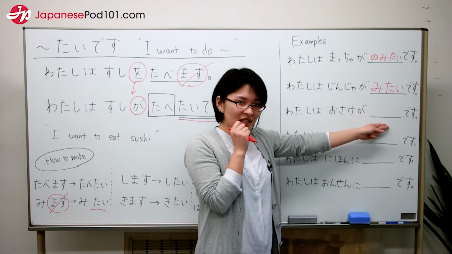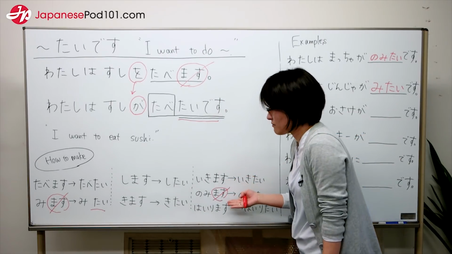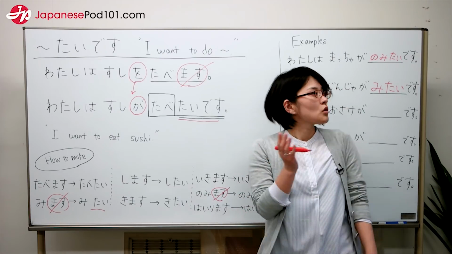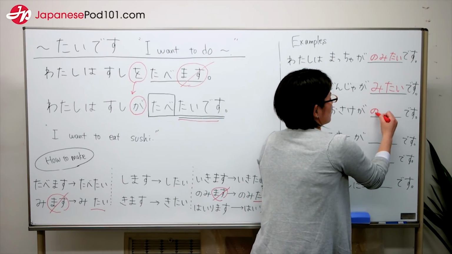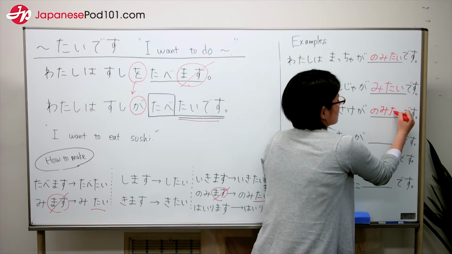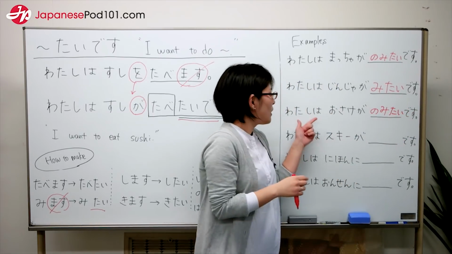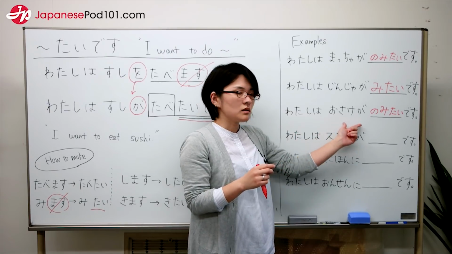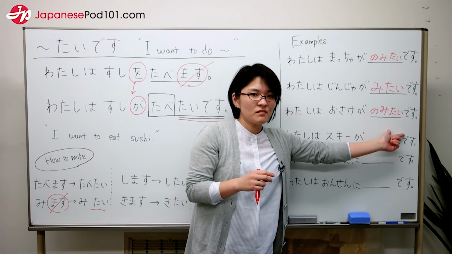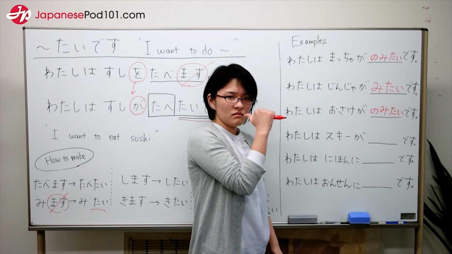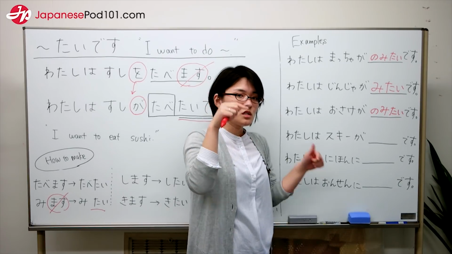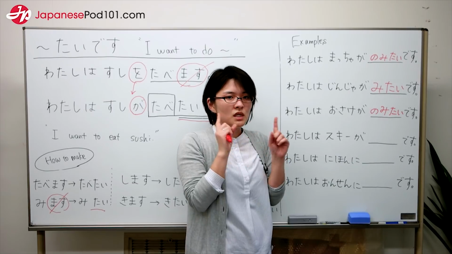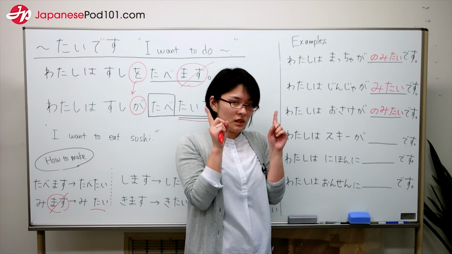Do you think it's familiar? Yes, we have it here. So get rid of masu and then add たい so you can get 飲みたいです altogether. 私はお酒が飲みたいです. I want to drink sake. For your information, in Japan, you can drink alcohol, but you should be 20 years old or older.